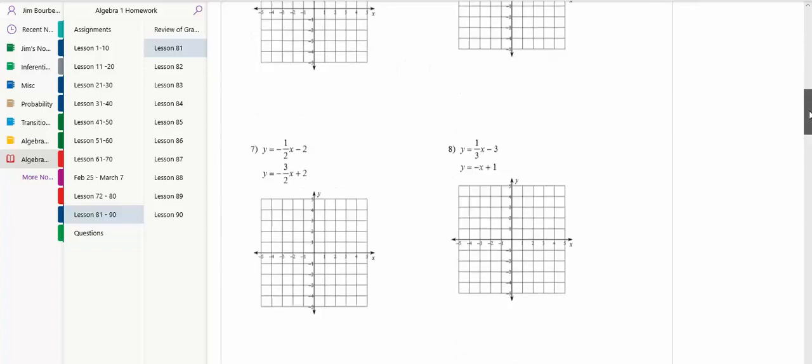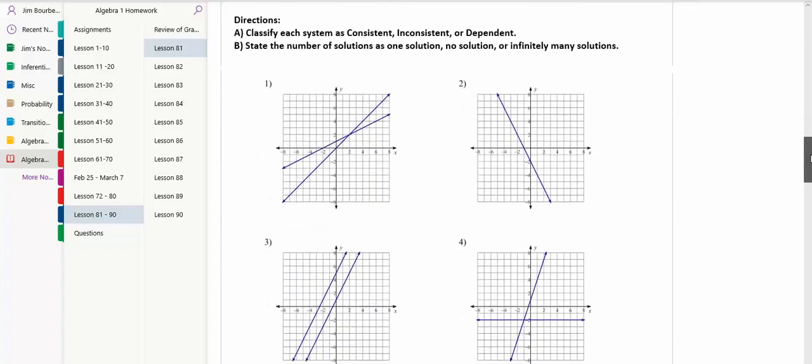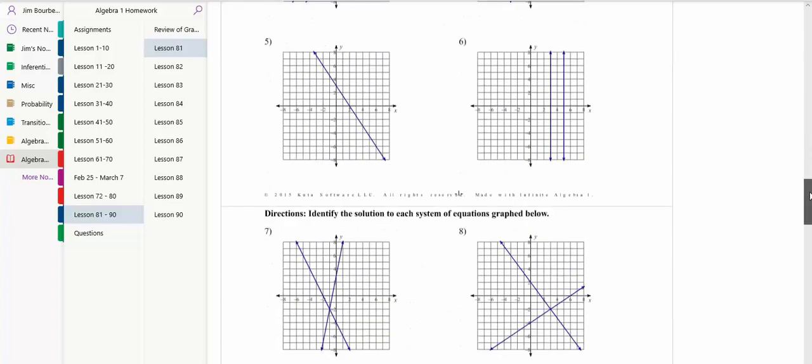And then the next section here deals with the three possibilities when we talk about systems of equations. You need to look at the graphs and then just tell me, are they consistent, inconsistent, or dependent? And then secondly, tell me how many solutions each one has. Is there one solution? Is there no solution? Or is there infinitely many solutions? So that should be pretty easy.